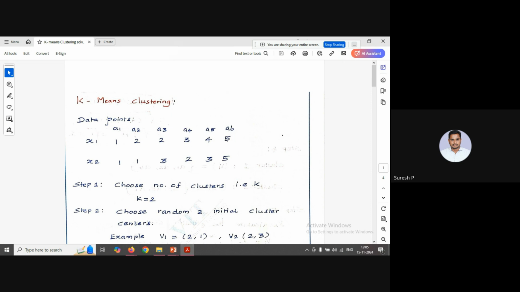Assume these are the data points, and there are 2 attributes in each data point. For example, x1, x2. You can even have x3, x4, like that. Even n attributes you can have in a single data point.